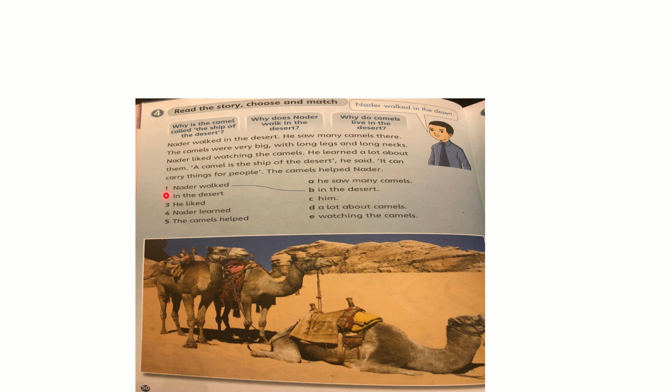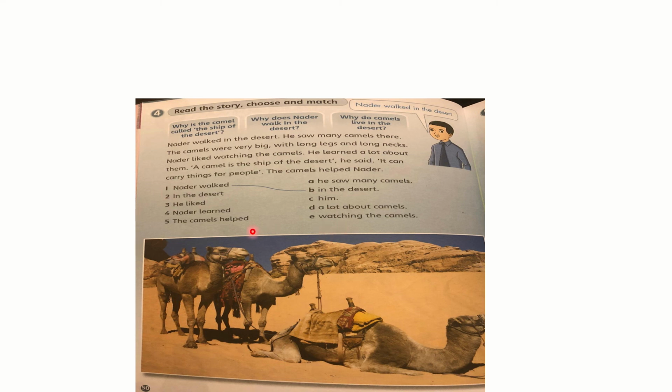We have a question here. You have to do it by yourself to match the sentences from 1, 2, 3, 4, and 5 with A, B, C, D and E. You have to read it again silently and you have to read it loudly, then you have to match the phrases with each other, column 1 and column 2, okay?